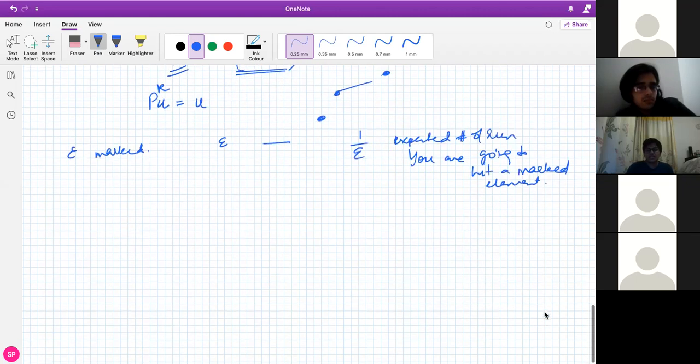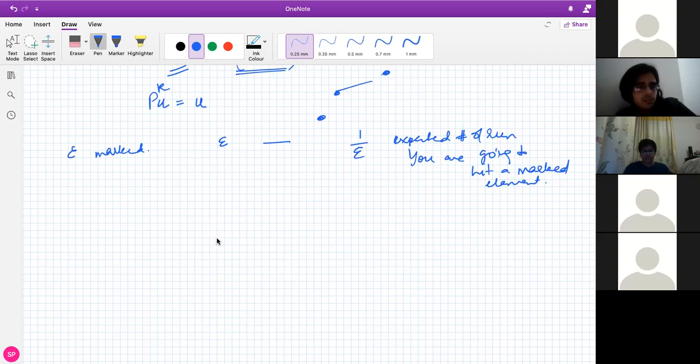So now let's see the complexity. How do you know whether an element is marked? You just check.